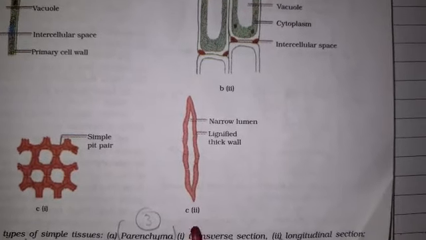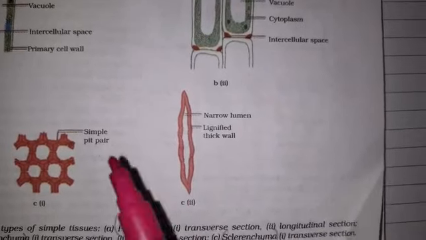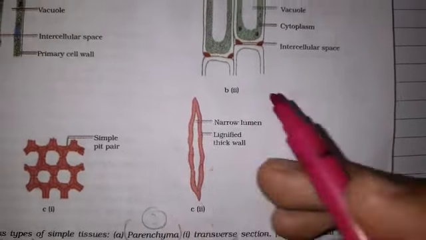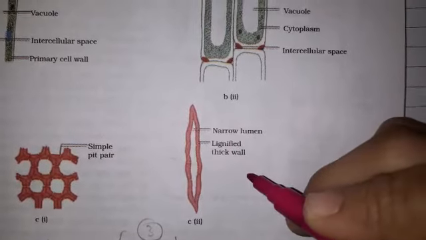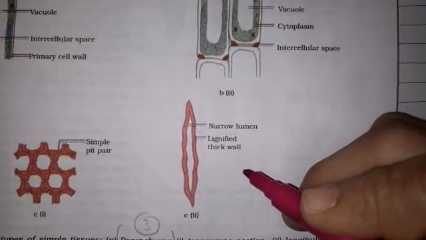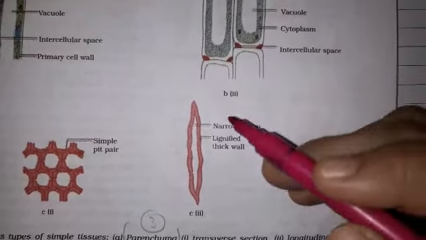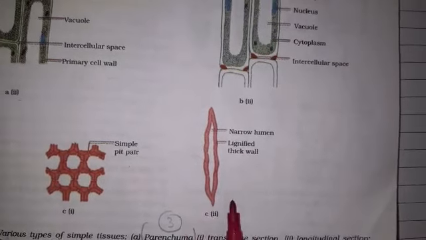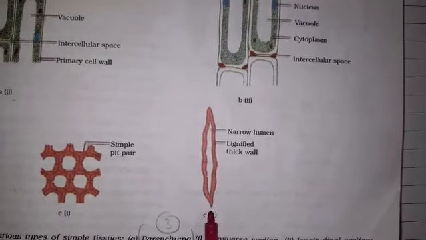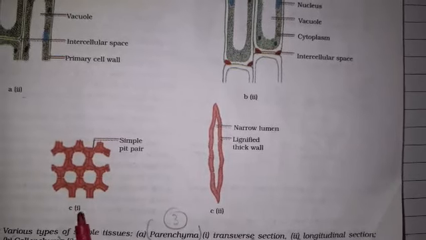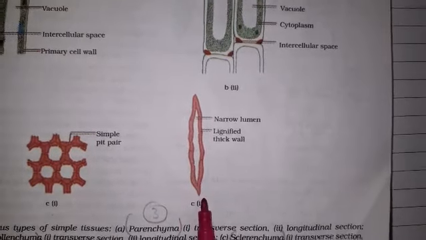We coastal area people use coconuts, right? In the coconut shells we find this. So this is the sclerenchymatous tissue.